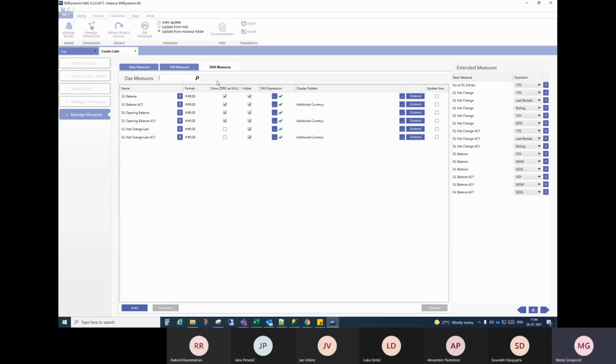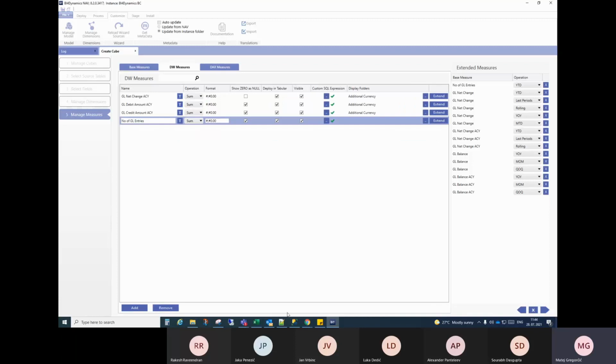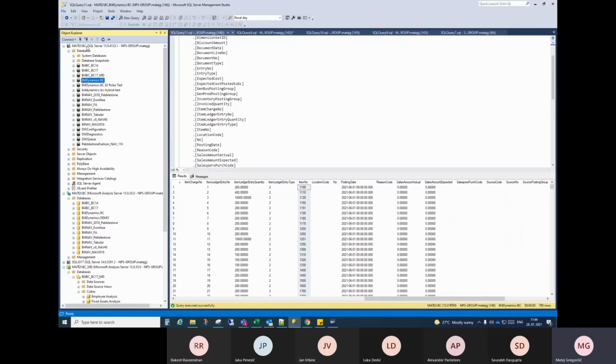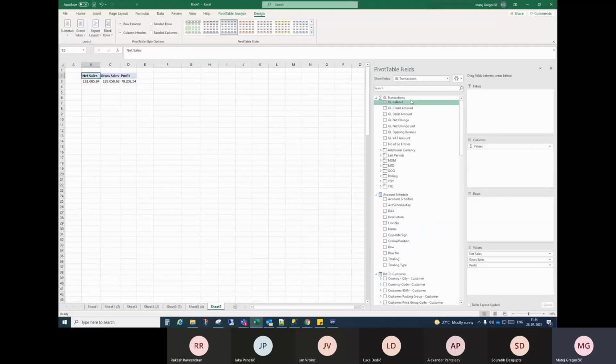But in BF Dynamics, we bundle it all together, even though technically speaking, it's not on the data warehouse. So it's not on the database engine right here, but it's calculated on the analysis server. Okay. But like I told you from the beginning, we don't differentiate in reports between different measures. They will all come out the same way. The end customer will not see a difference.